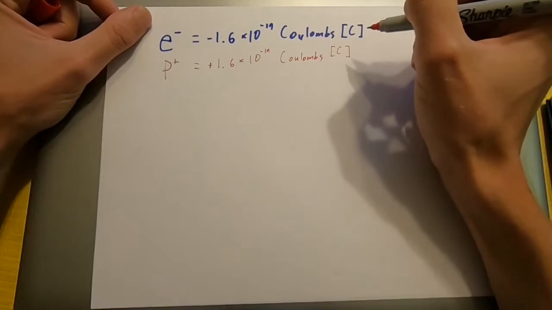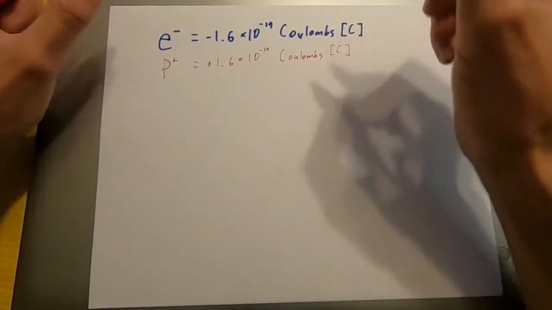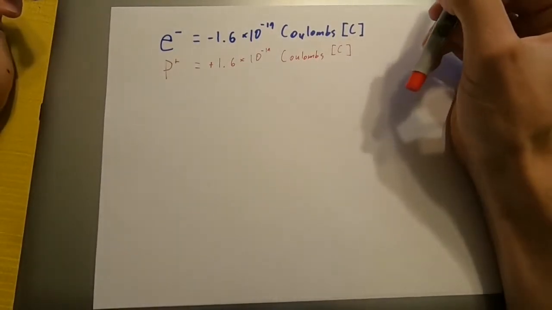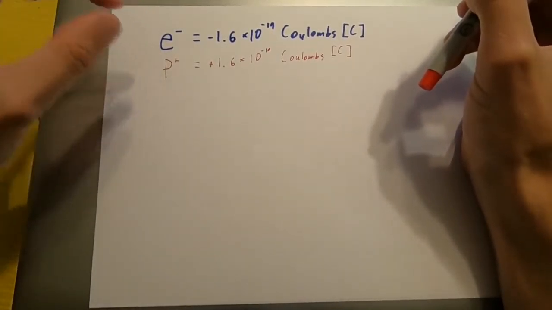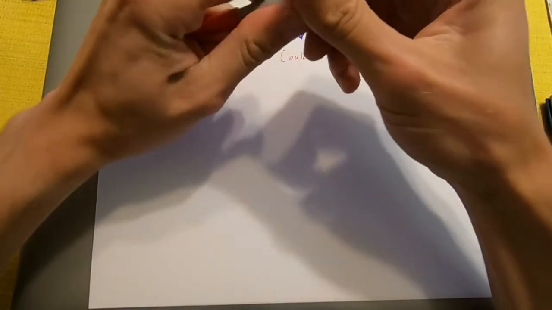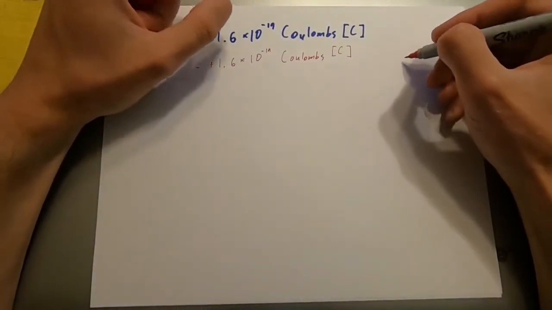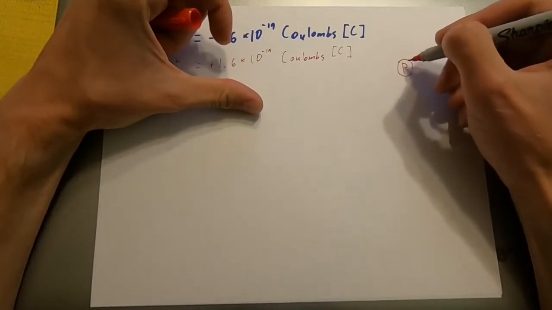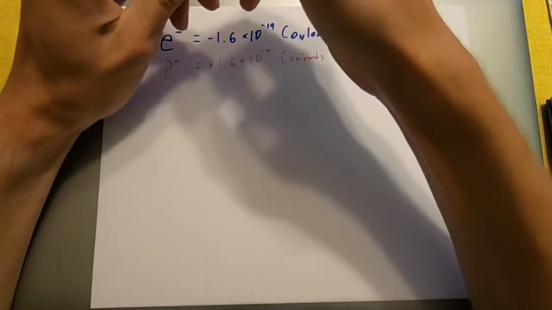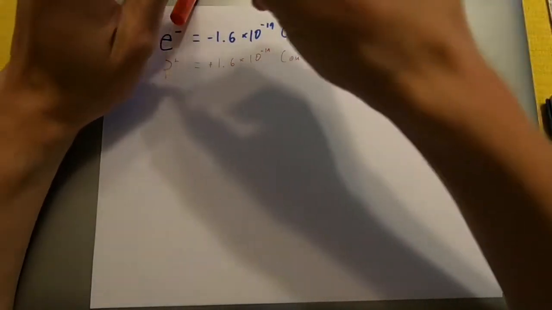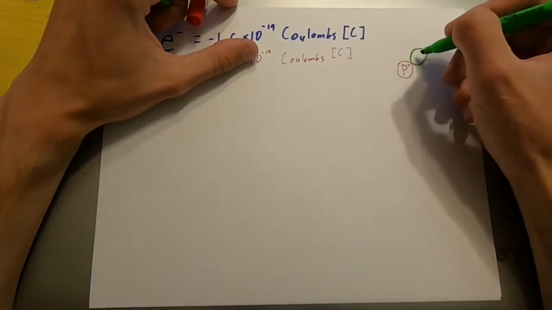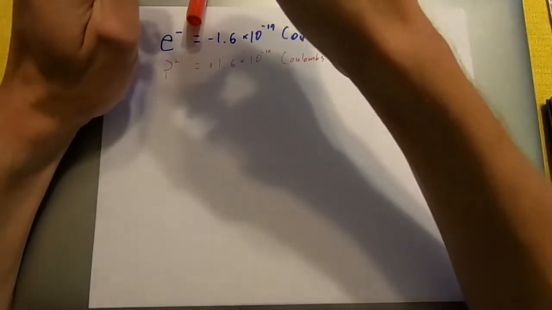Okay, so now that we have that understood, we'll go into how atoms work. If we take an electron and a proton, throw in some neutrons for good measure, we'll draw a proton here. Give it a buddy neutron. Neutrons don't have any charge.